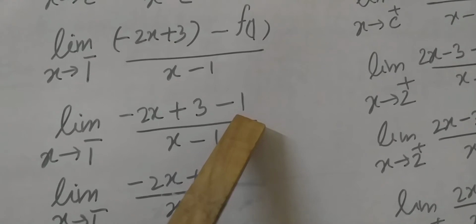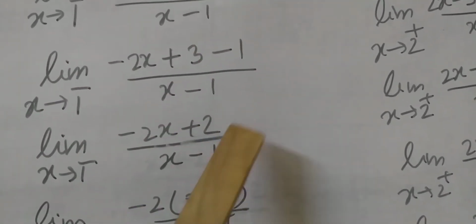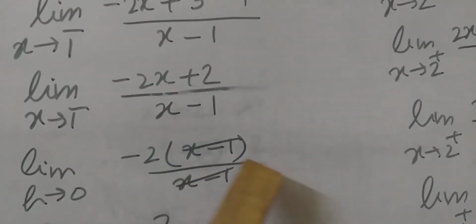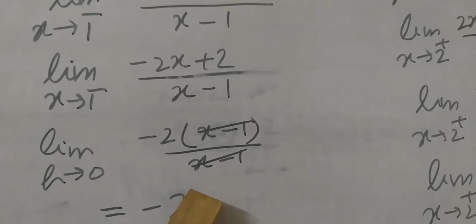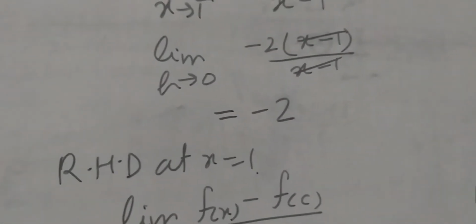So (−2x + 2)/(x − 1). Minus 2 is common, x − 1 cancels. The answer is −2. This is the LHD at x = 1.